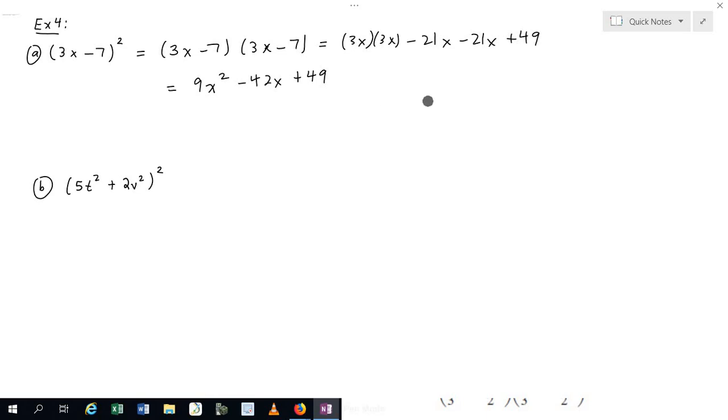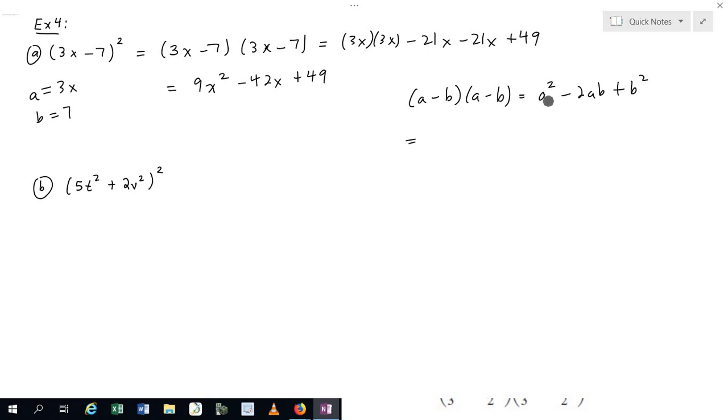Okay, and if you happen to use the formula, a minus b times a minus b is a squared minus 2ab plus b squared. Of course, a is 3x, but the b is positive 7. Again, b is the number that follows this minus sign, and a positive 7 is what follows that minus sign. So b is positive 7.